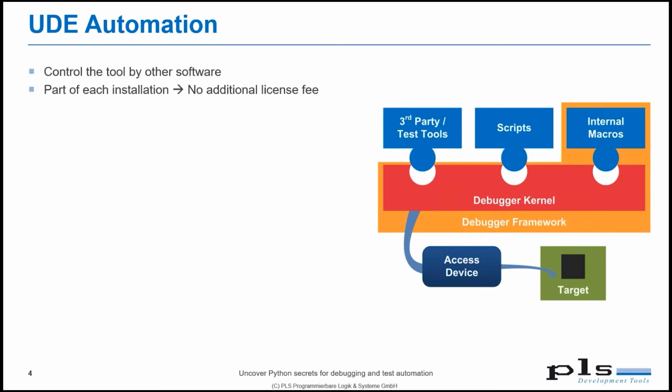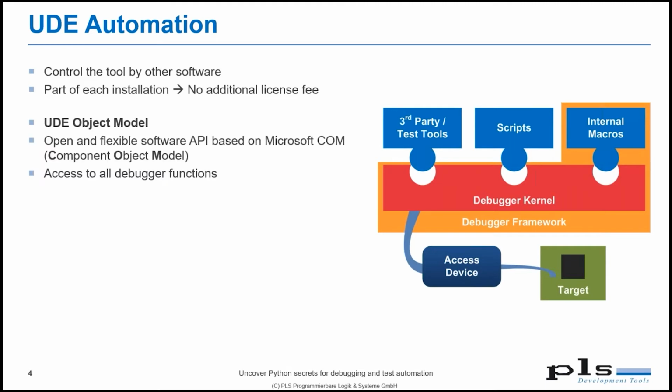The typical way of working is that you control the debug tool by other software. The UDE automation feature is part of every UDE base license, and this is the first good news, it comes without any additional license fees.